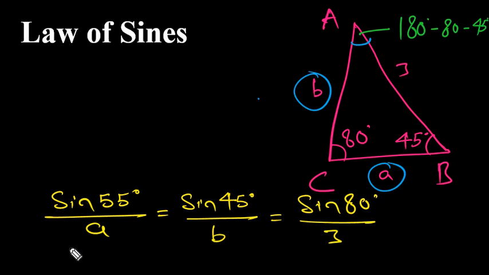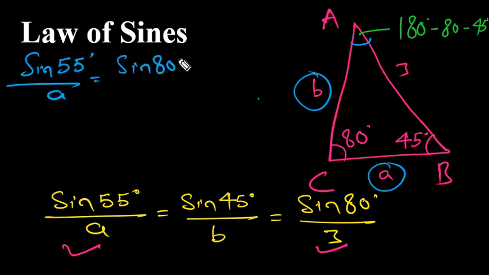Now I'm just taking first this part and this part, and let's try to solve it. So sine 55 degrees over a equals sine 80 degrees over 3. Now use the cross product if you want to, or you can directly put this information in the calculator.